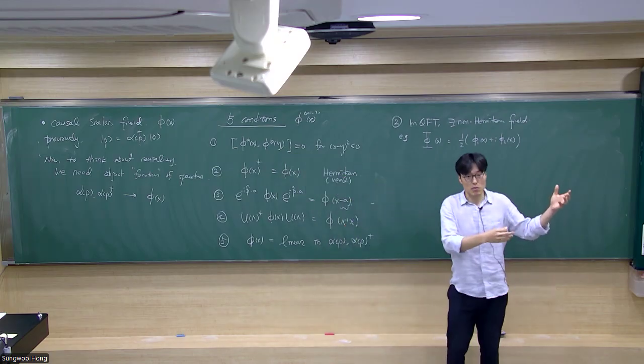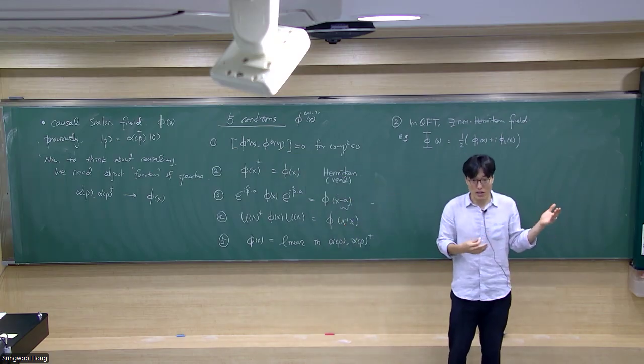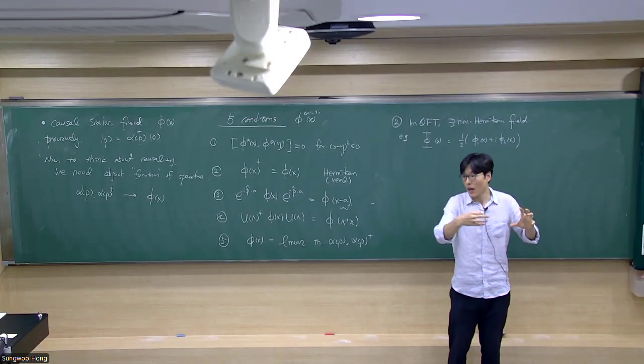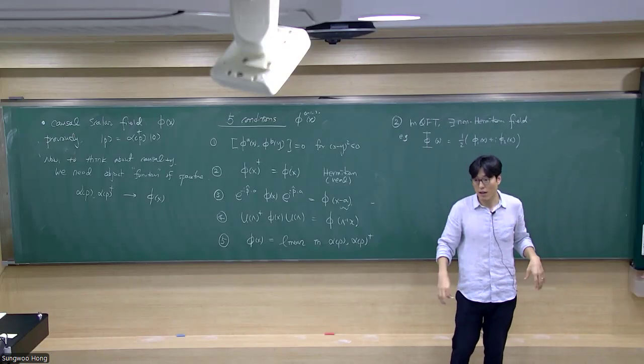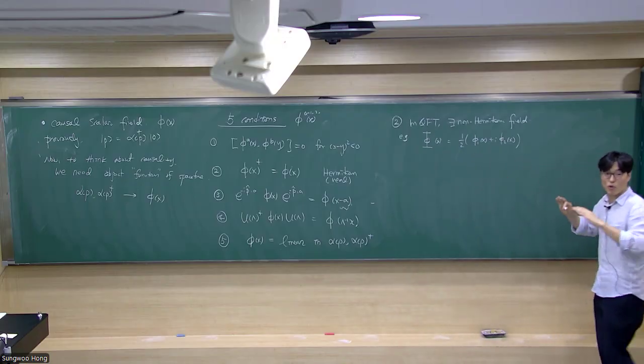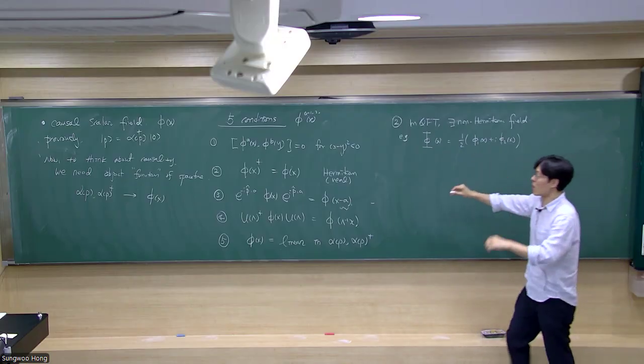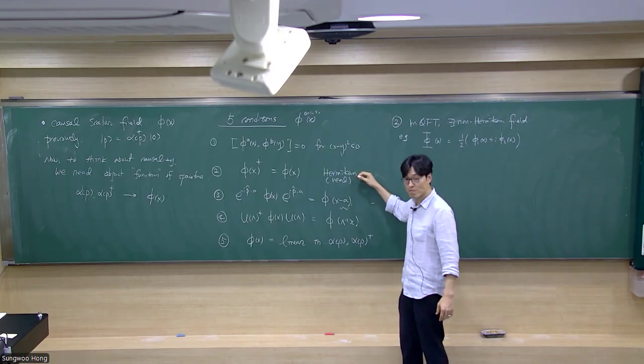Then if we construct observables, they will manifestly satisfy causality conditions, even if I start constructing observable operators made out of that. Okay? So those are the 2 motivations why, for now, I'm going to just focus on Hermitian operators.